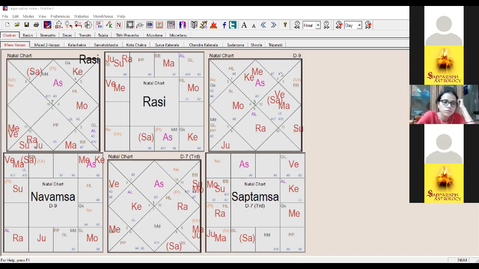Let's take another example. Mercury. Mercury is in the 5th house, related to children. Now see the same Mercury in the D7 chart. In the D7 chart, Mercury is in Leo.